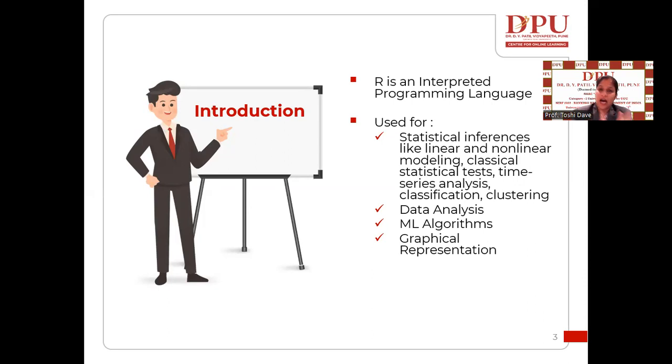Apart from that, R can also work with machine learning algorithms. We can also do analysis on data sets using R. And the very good thing about R is that it provides a very good pictorial representation of data. So R is basically a statistical as well as a programming language.